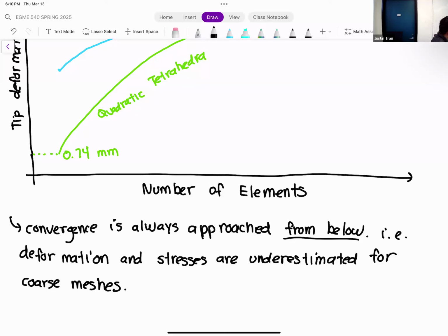And that's something that's pretty typical for most cases as well, right? And the reason for this is that if you have a coarse mesh, if your elements are too big, that actually adds artificial stiffness to your entire system.